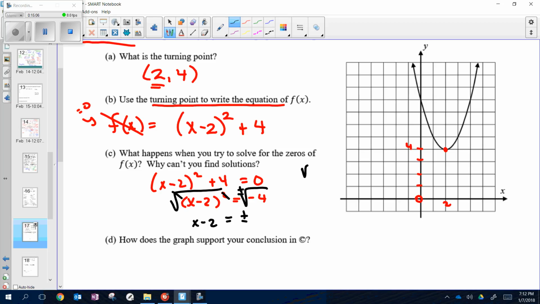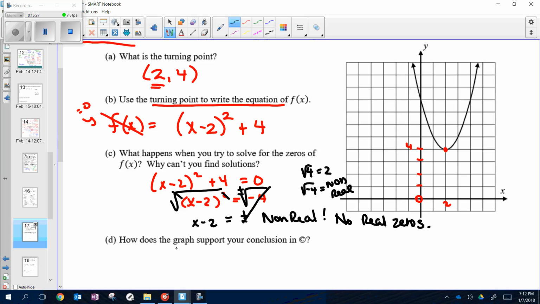Now, I know the square root of 4 is 2, but on my calculator, when I do the square root of negative 4, I get something about a non-real number. So you can't take the square root of negative 4. It's non-real. So there's no real zeros.